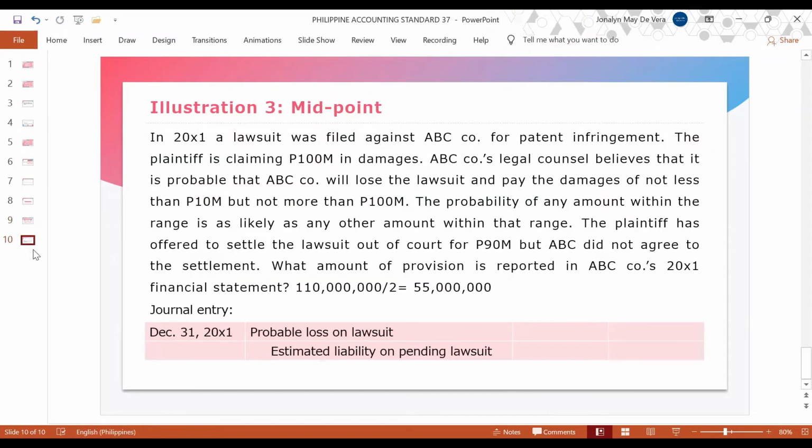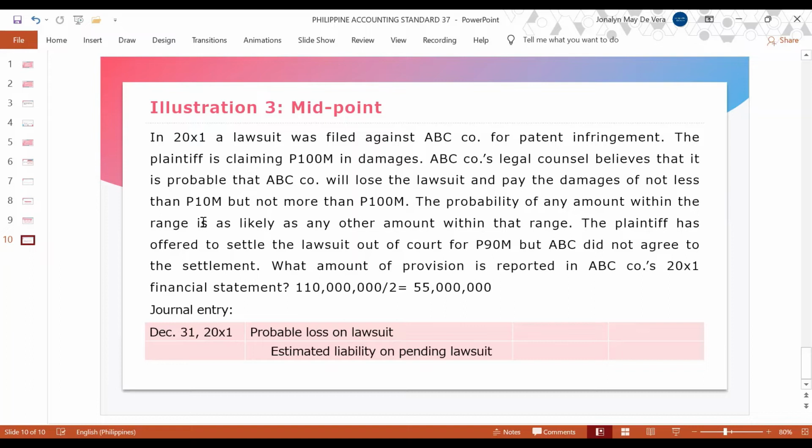So the third and last example: in 20x1, a lawsuit was filed against ABC Company for patent infringement. The plaintiff is claiming 100 million in damages. ABC Company's legal counsel believes that it is probable that ABC Company will lose the lawsuit and pay damages of not less than 10 million, but not more than 100 million.